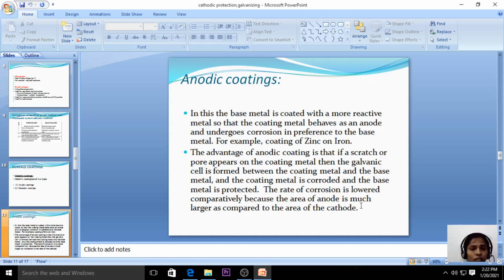The rate of corrosion is comparatively lower because the area of the anode is much larger than the area of the cathode. The exposed part undergoes corrosion, but the unexposed part is protected from corrosion. That is anodic coating.